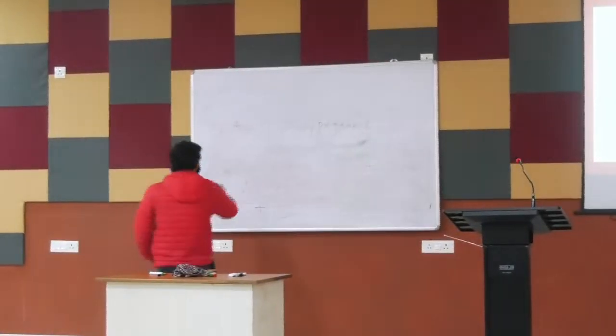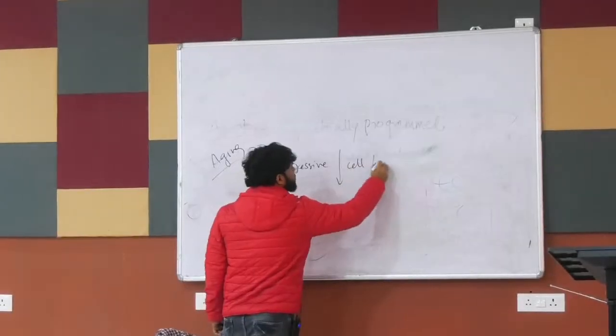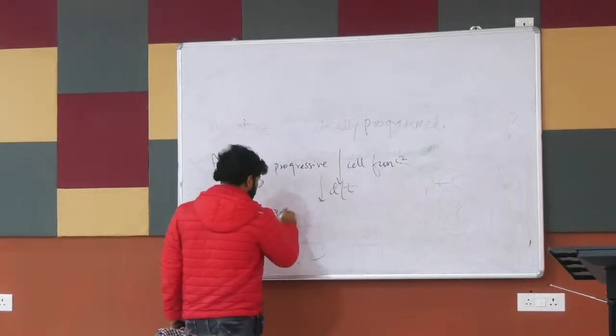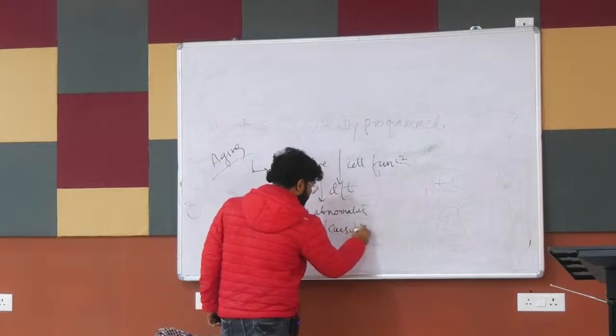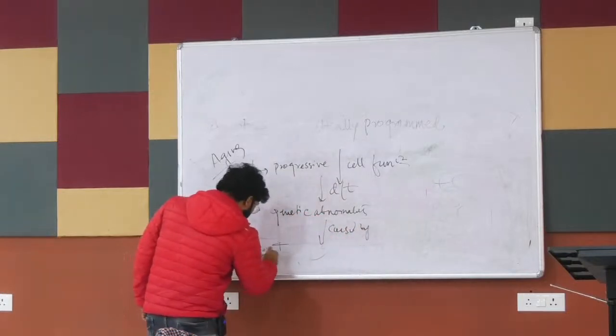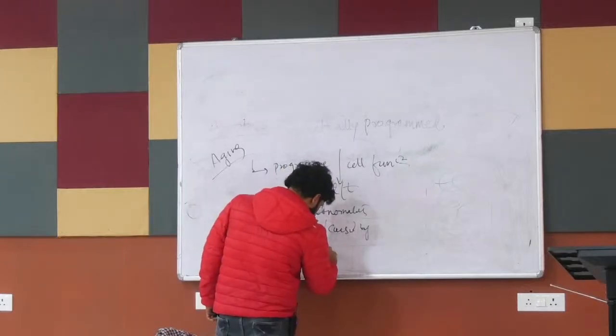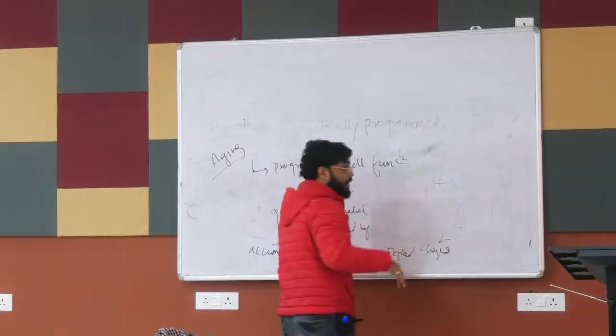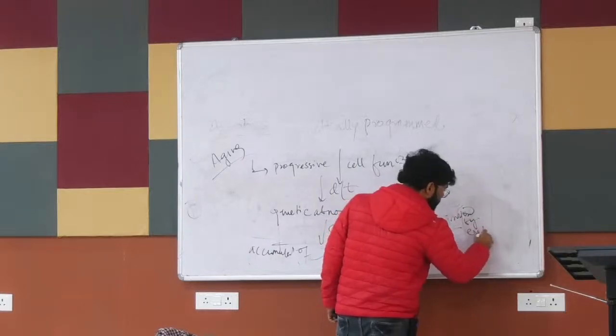Aging of cell function due to some genetic abnormality, caused by accumulation of cellular and morphological changes, imposed by or influenced by some external factors.